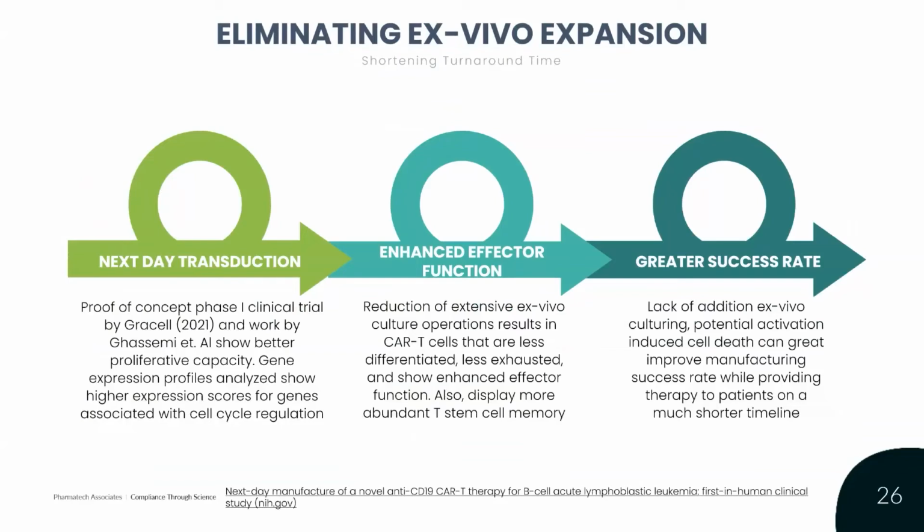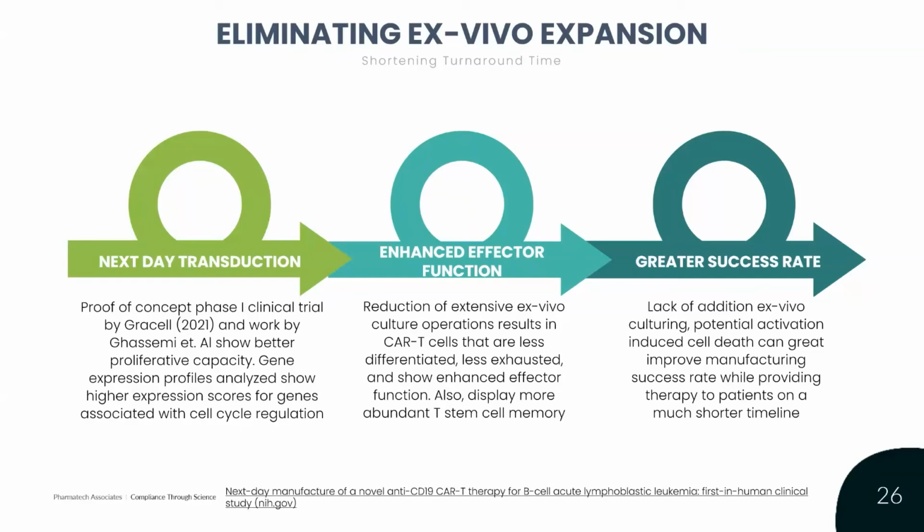That means very little cryopreservation, absolutely zero ex vivo cell expansion. What they're focused on is turning around the cells as quickly as possible so that they don't end up with exhaustion markers, or cells not amenable to cell culture conditions.